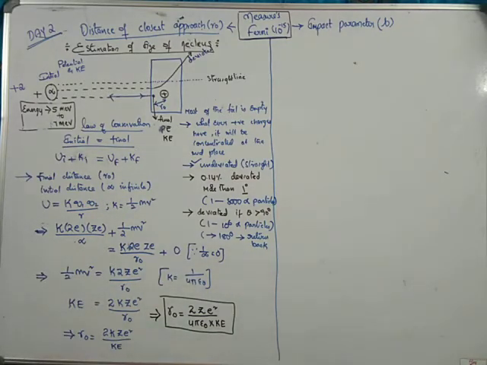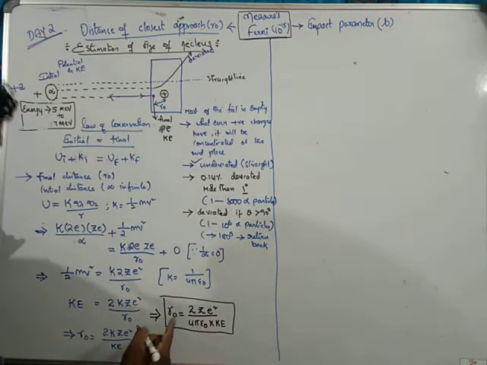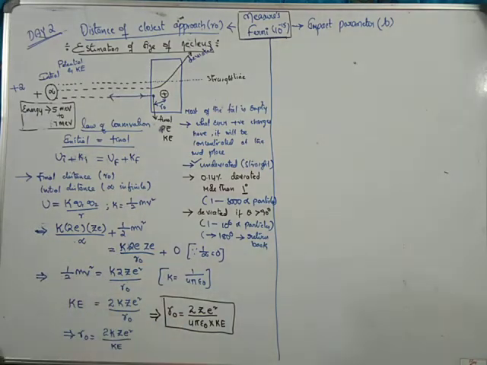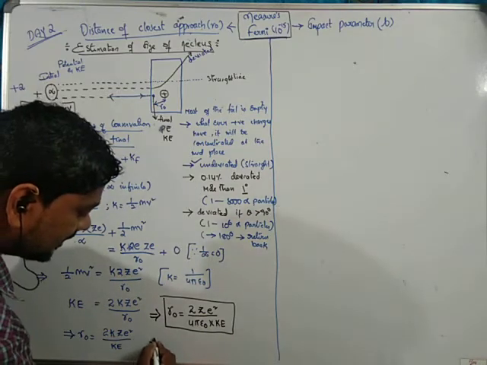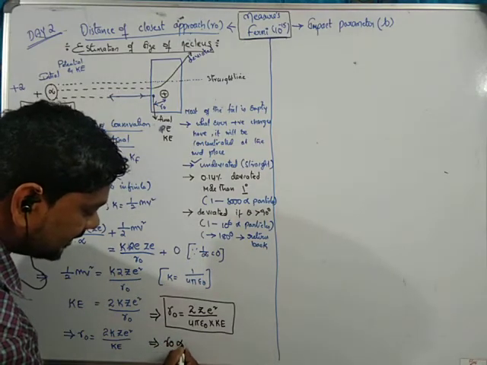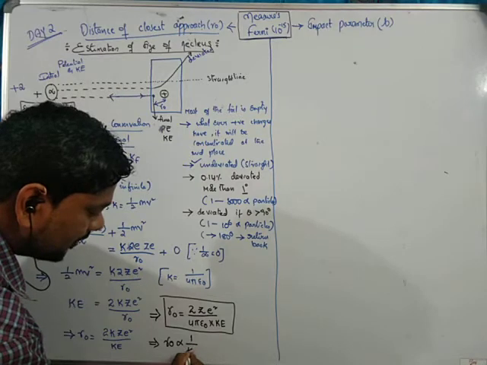If we solve, we can cancel the 2 and we get the rest also. This is the derivation of the distance of closest approach r naught. And here we have a conclusion, where 2 is a constant, Z is a constant, e is a constant, 4 pi epsilon is a constant. So finally we get r naught is directly proportional to 1 by KE.